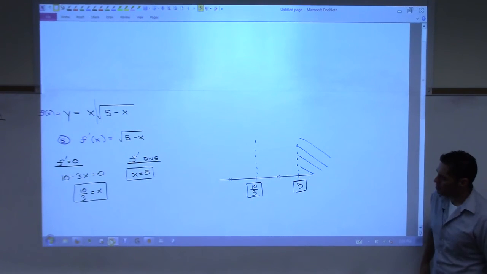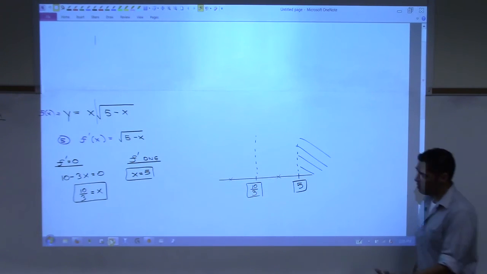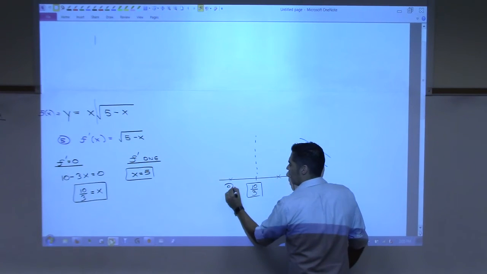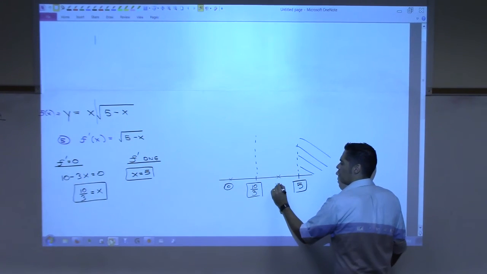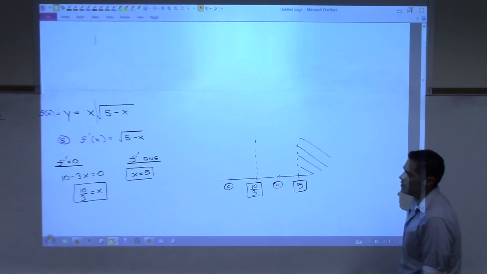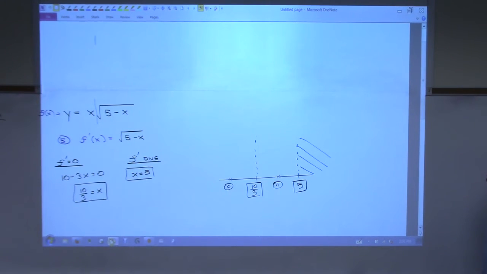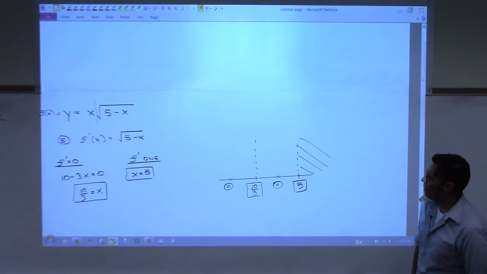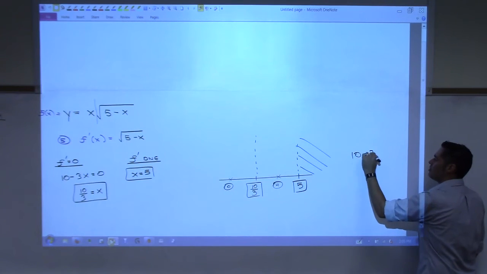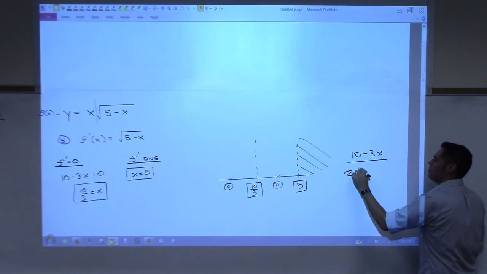So what are some good points here? 0, I like 0, and 4. And those get plugged into the derivative, which I just erased. 10 minus 3x over 2 root 5 minus x.